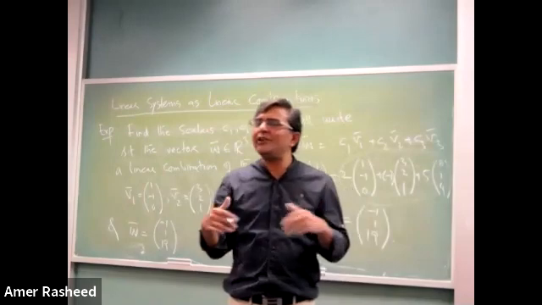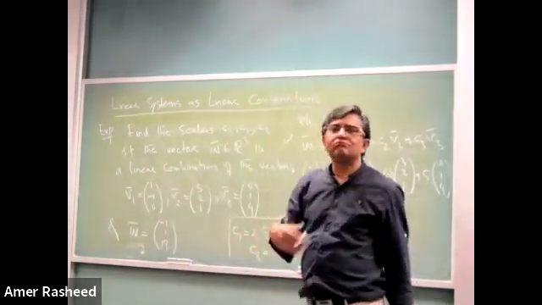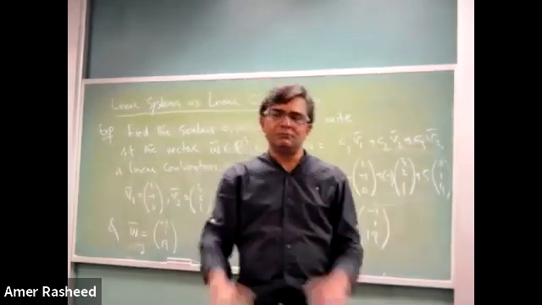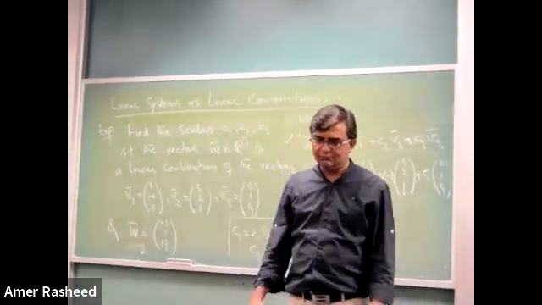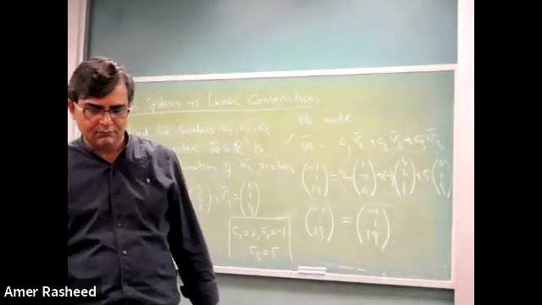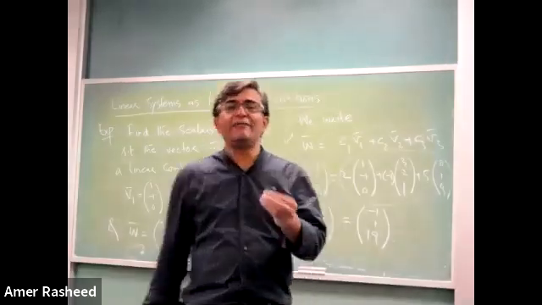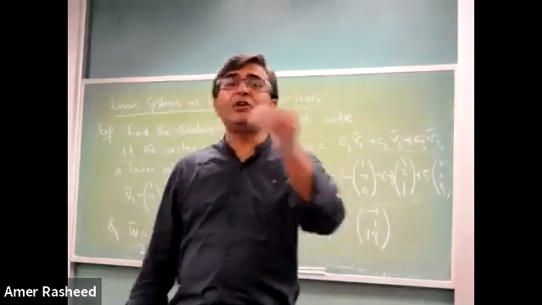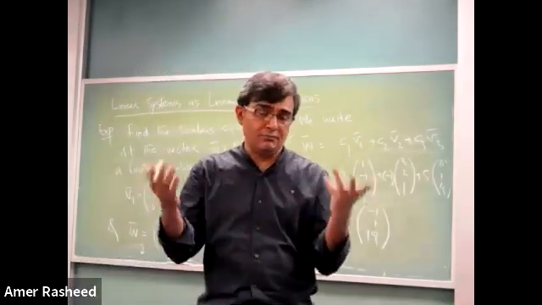Then how can you do it without solving that linear system? Anyone? Sir, can you repeat your question? If I ask you only to check whether we can write W as a linear combination of V1, V2, and V3, can we write it or not?